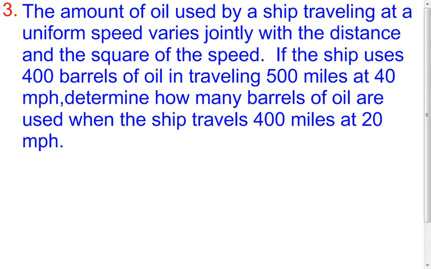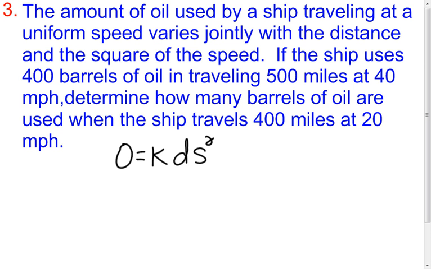Okay, and lastly, the amount of oil, which I'm going to call O, used by a ship traveling at a uniform speed varies jointly. I'm going to put my K in there. Varies jointly means I have more than one variable and they're both going to be on top. It varies jointly with the distance, which I will call D, and the square of the speed, which I will call S squared.